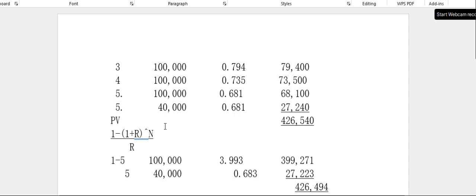This is the annuity formula. So let's key it in and find out if we are right or wrong.